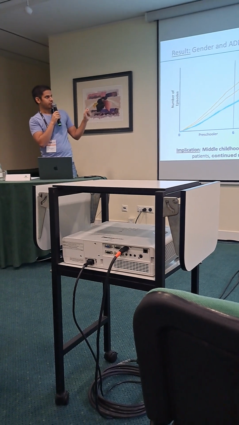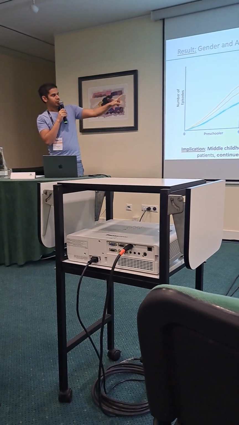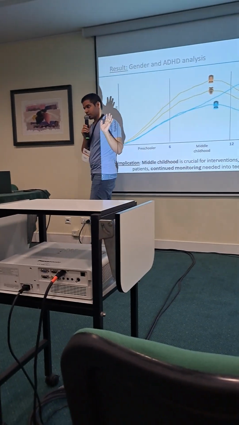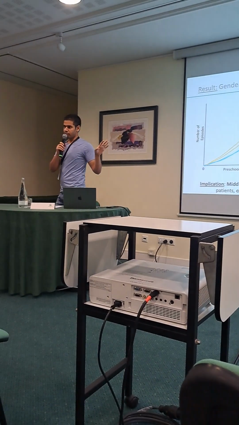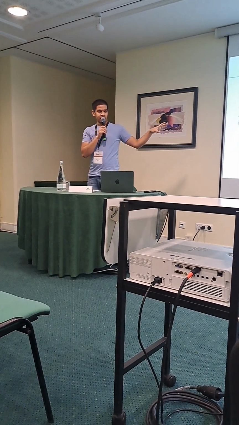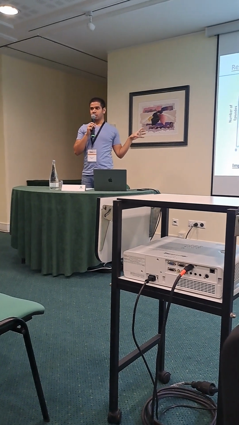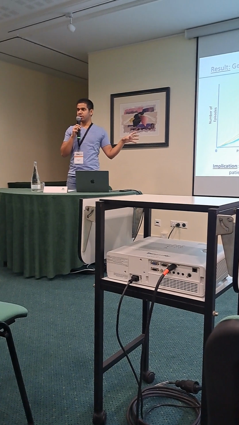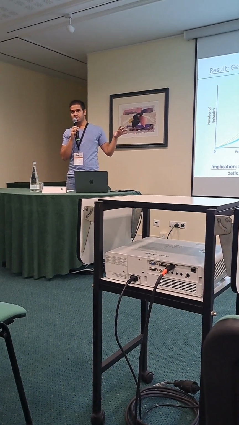Whereas in the case of females with ADHD, which is this graph, they had a steady increase in the number of episodes till the teenage years. The implication was that middle childhood seems to be more crucial for intervention when it comes to child and adolescent care.